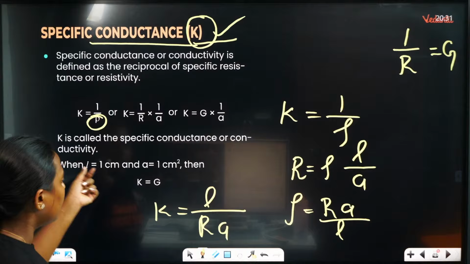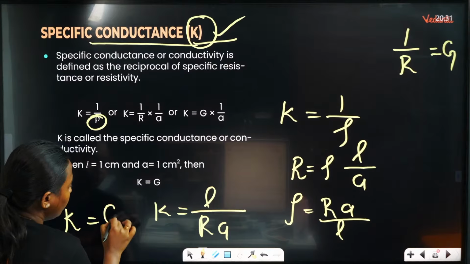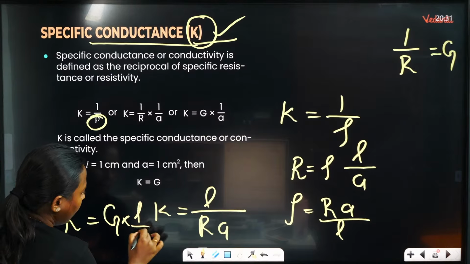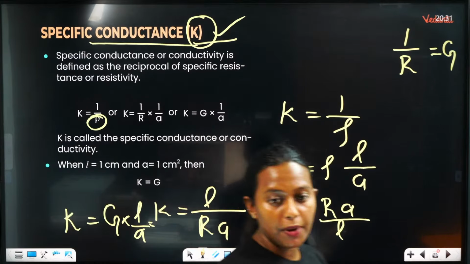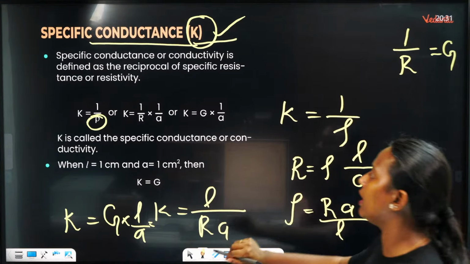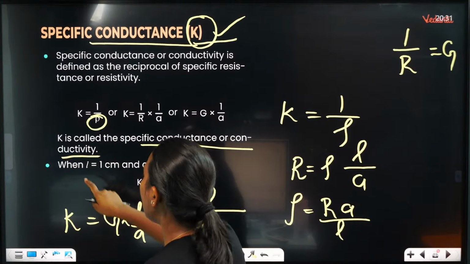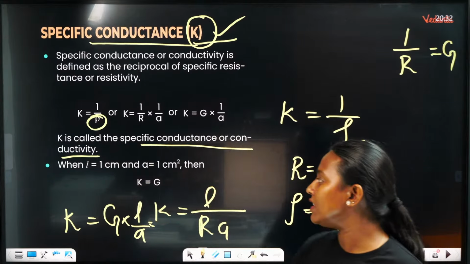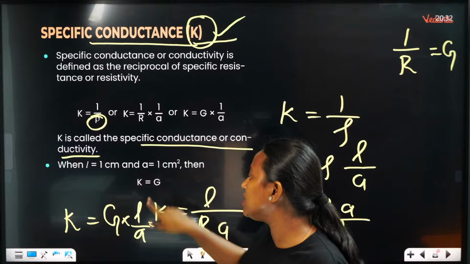So we can write kappa is equal to G into L by A. So is it clear? So kappa is the specific conductance or conductivity, and when L is equal to 1 centimeter and A is equal to 1 centimeter squared, then K is equal to G.